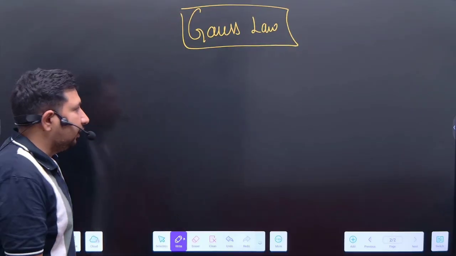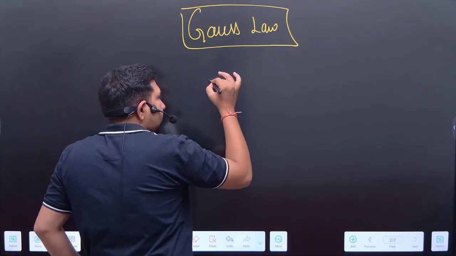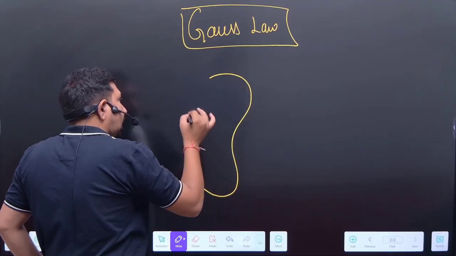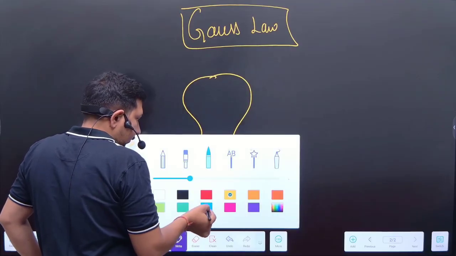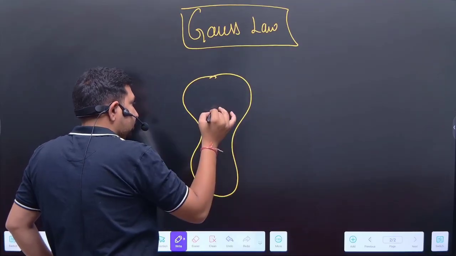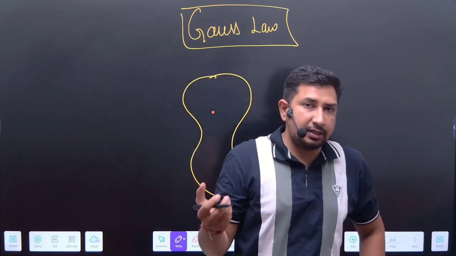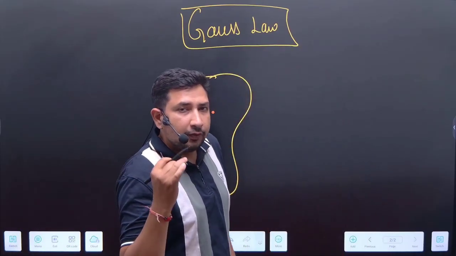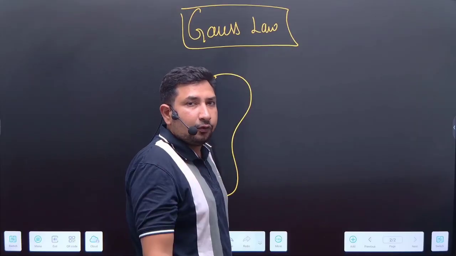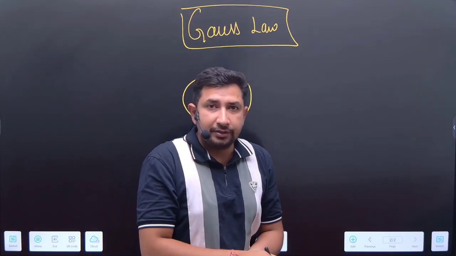Basically it tells us that suppose we have a closed three-dimensional shape, and there is some charge inside this closed shape. There would be field lines coming out from the charge.